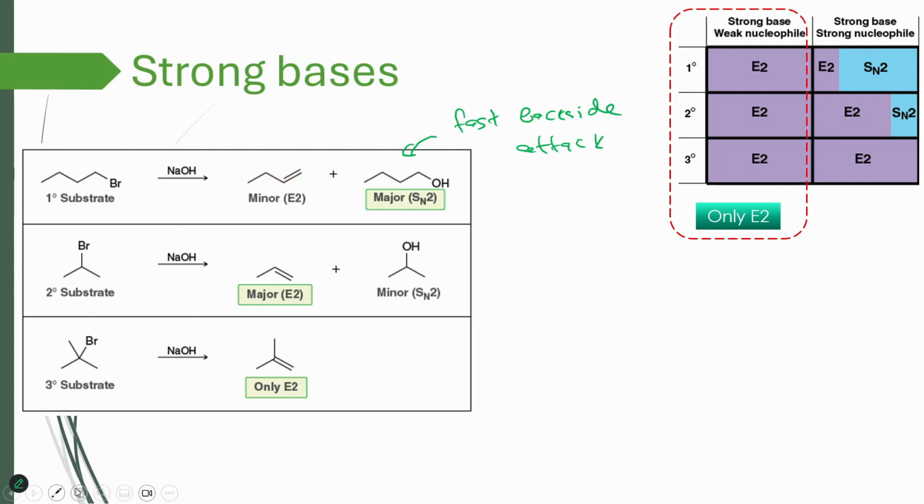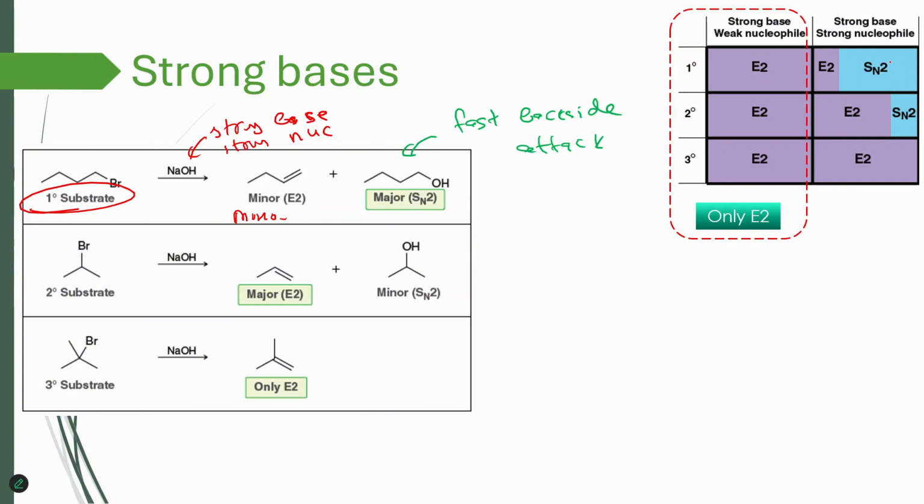And monosubstituted alkene is generally not very stable, right? Compared to disubstituted, tri- or tetrasubstituted, this is not very stable. So you don't have a lot of drive for the E2 pathway to make this alkene. So that's why when you have strong base and strong nucleophile with primary substrate, you will form mainly SN2.